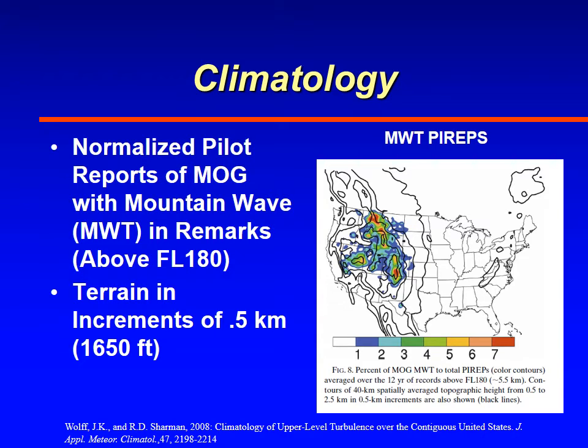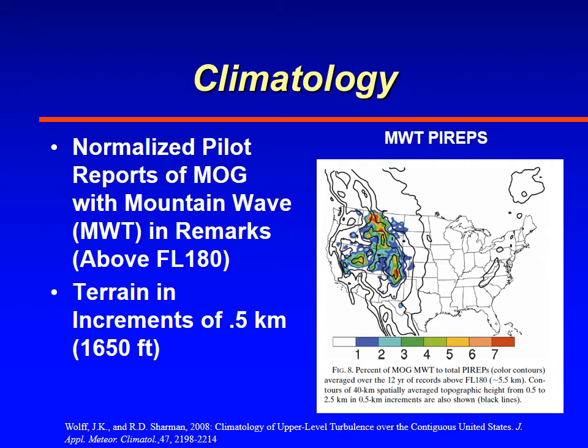And typically, you see mountain wave turbulence across Montana, Wyoming, and Colorado, and also parts of Nevada and Idaho too. But you really don't see much turbulence at high altitudes across the Appalachians, nor across, well, of course, Texas. You don't see really anything there.